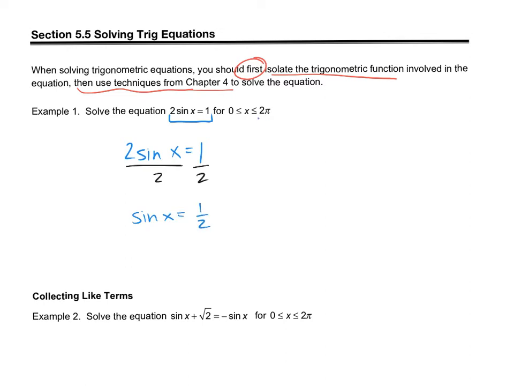Because this is between 0 and 2 pi, I know that sine of x equals 1/2 in 2 places, so I should have 2 answers. This is where y equals 1/2 on the unit circle, and that happens at pi over 6 and 5 pi over 6.